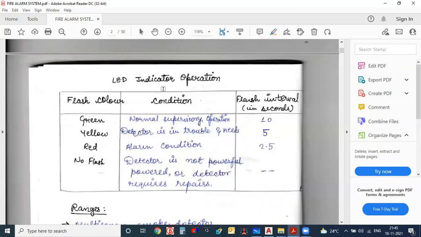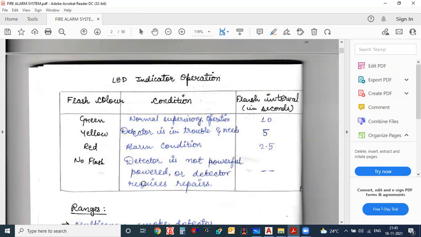Whenever any fire is occurring in the fire alarm control panel, how are you going to understand that the fire is going to occur or has occurred on the different floors? Because of these color LED indication points: green is for normal operation, yellow means the detector is in trouble and needs some addressing, and red is the alarm condition.